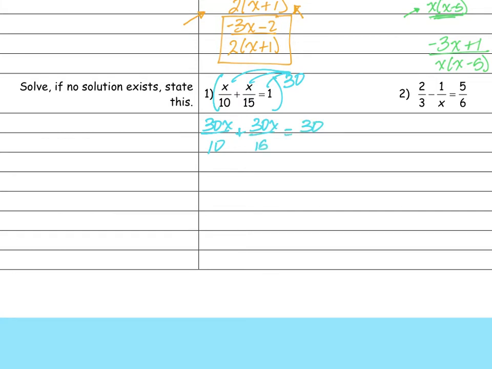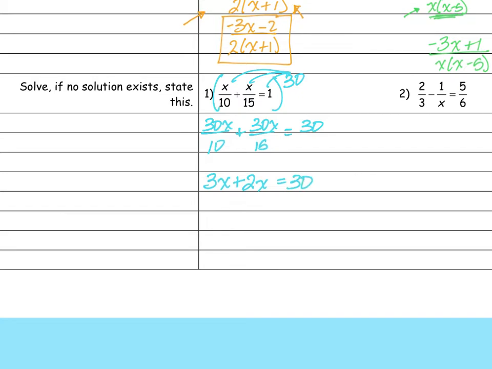I know I'm doing this to get rid of my fractions, but I have to simplify first. So what's 30 divided by 10? 3. So I've got 3x plus 30 divided by 15, which is 2, equals 30. No more fractions.